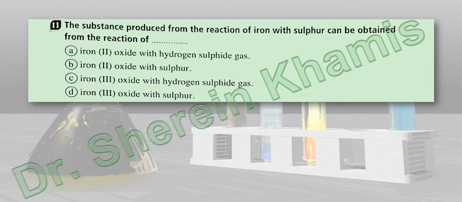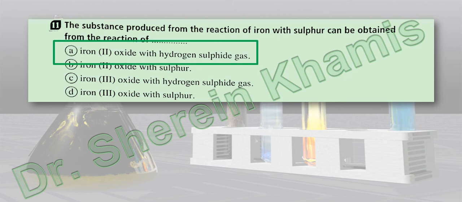If we make iron react with sulfur, a non-metal reacts with it, so hydrogen sulfide gas evolves with a pungent smell, and iron 2 oxide will be formed.